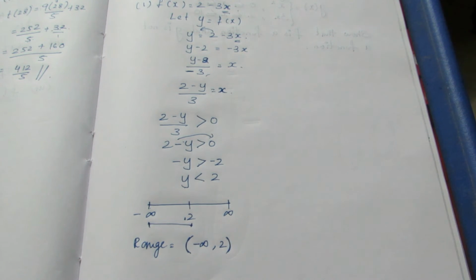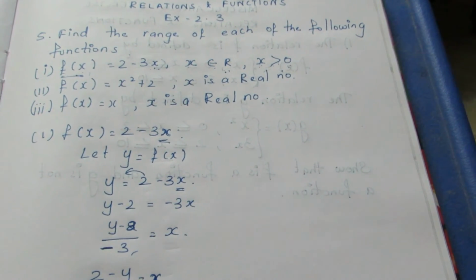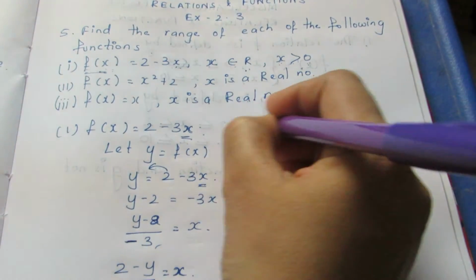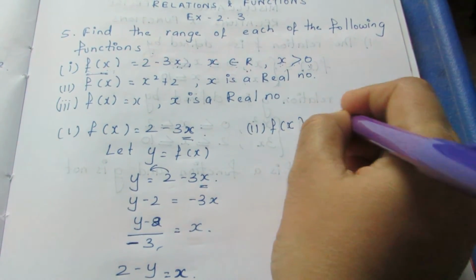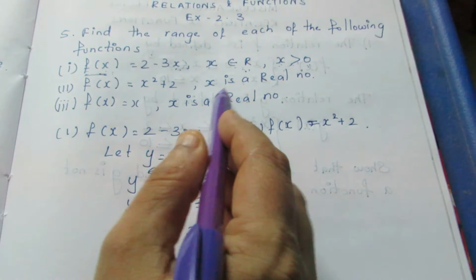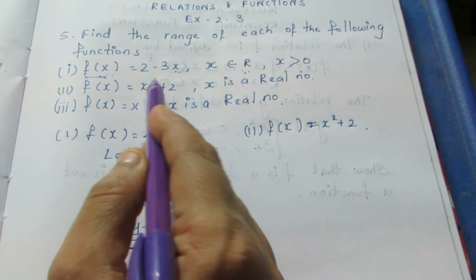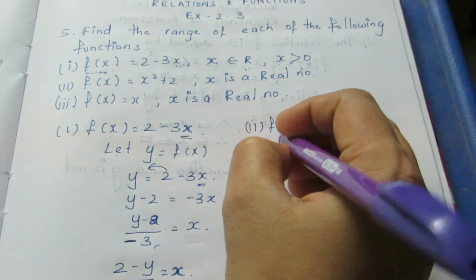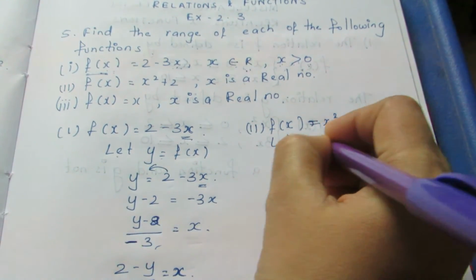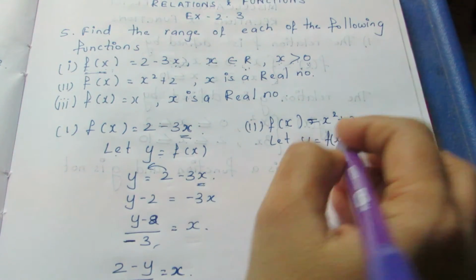So we'll move on to the second sum now. In the second sum, it is given that f of x is equal to x square plus 2 and x is a real number. So x can be any real number. As I said before, we are going to let y equal f of x. Substitute the value of y here.